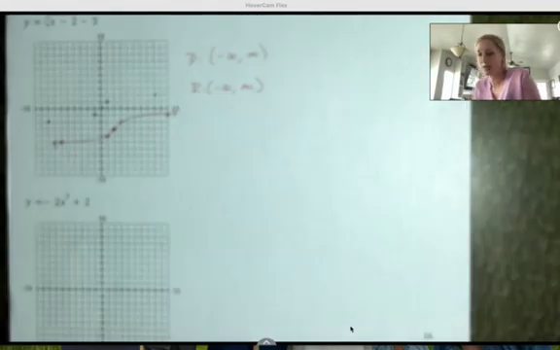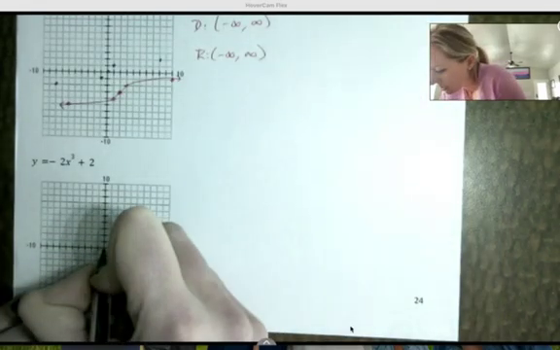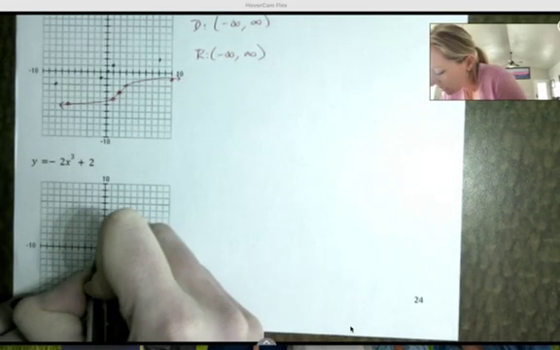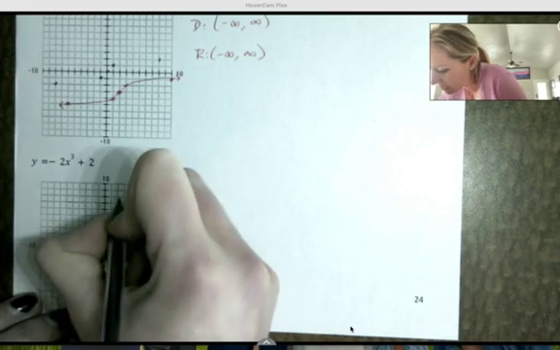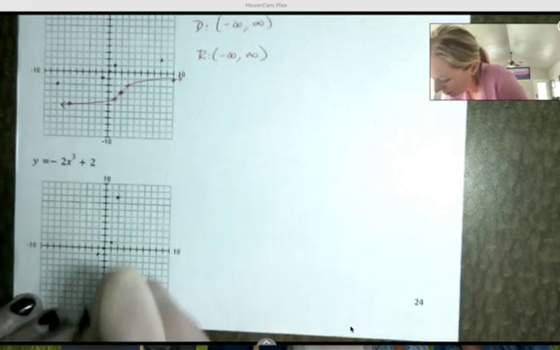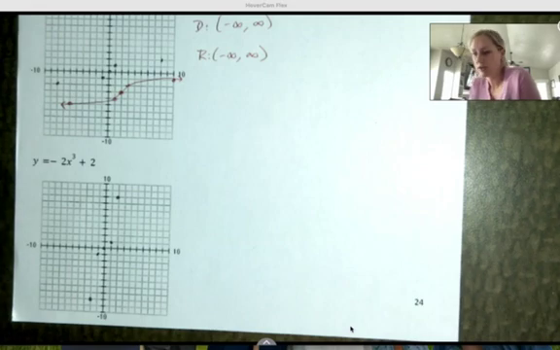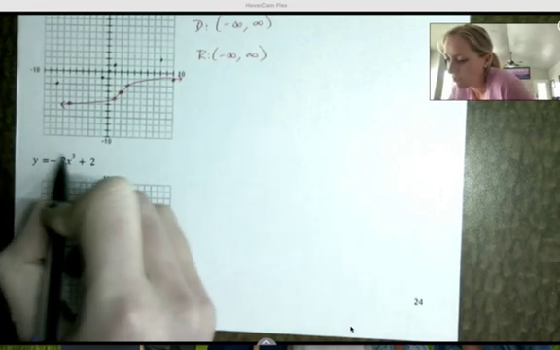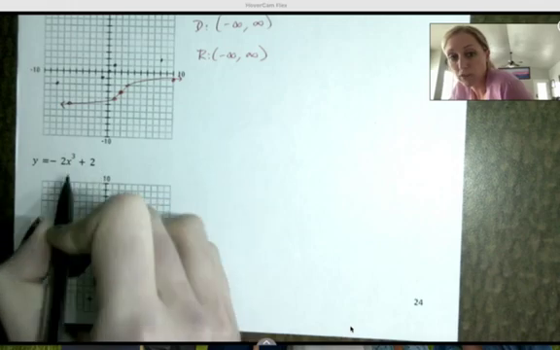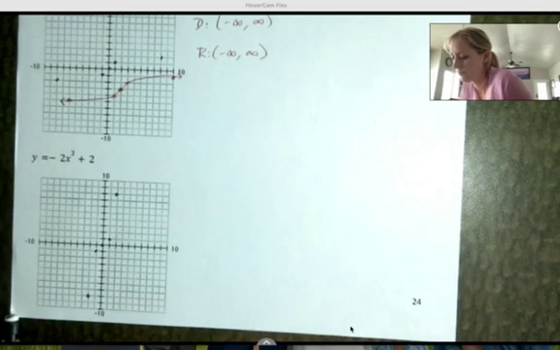Okay, one more. Okay, cubic. The big ones here are these 3, and then 2, 8, and negative 2, negative 8 would give you 2 more. Okay, so this one is a reflect over the x-axis and multiply by 2, and then up 2.